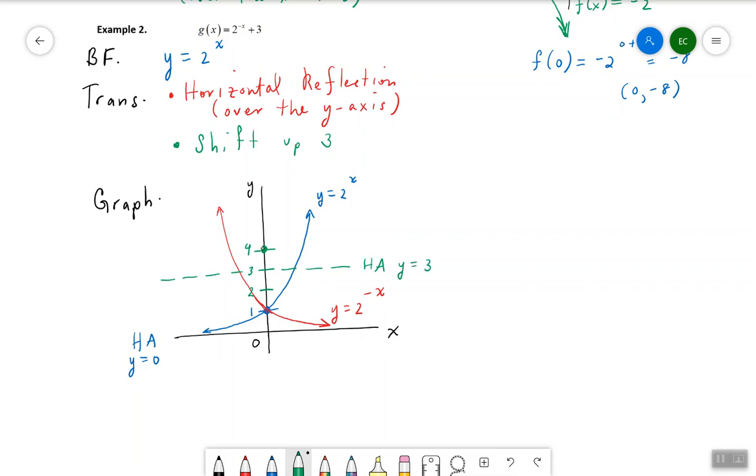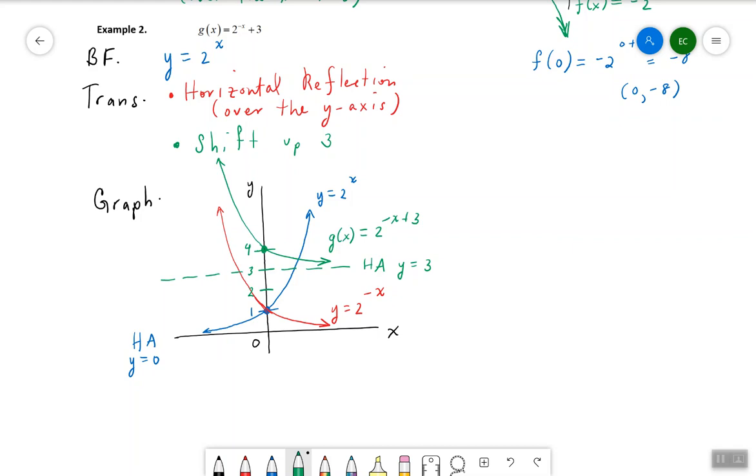And then let's draw the curve through that y-intercept and approaching that horizontal asymptote. And there is a nice graph. That's g of x equal to 2 to the negative x plus 3. Okay, we finished the problem.